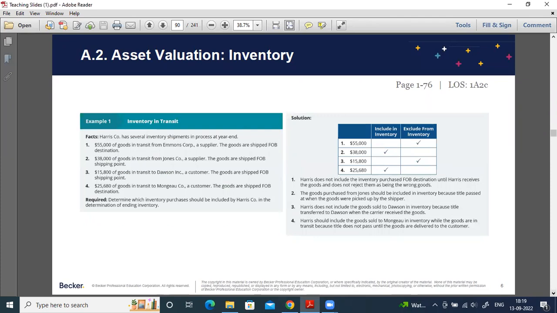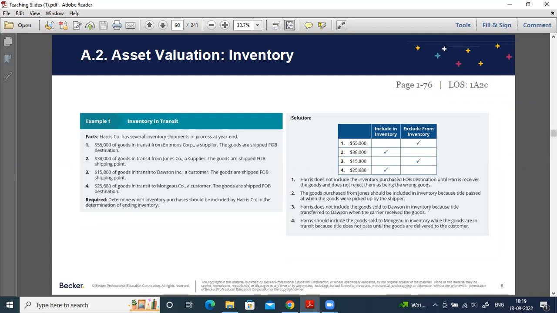Suppose X Limited Company of India sold goods to Y Limited Company of Australia.